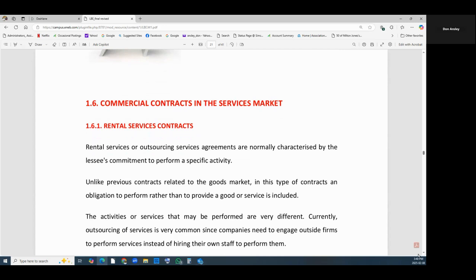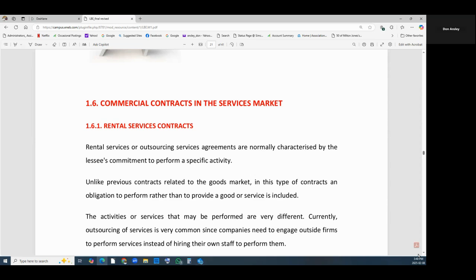Rental services or outsourcing services agreements are normally characterized by the lessee's commitment to perform a specific activity. Unlike previous contracts related to the goods market, in this type of contract, an obligation to perform, rather than to provide a good, is included. The activity or services that may be performed are very different.